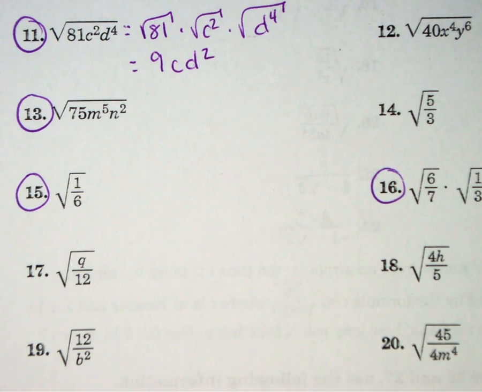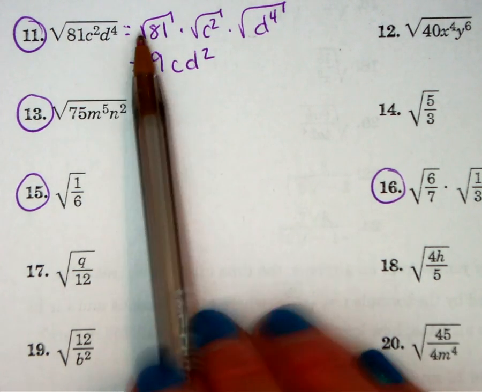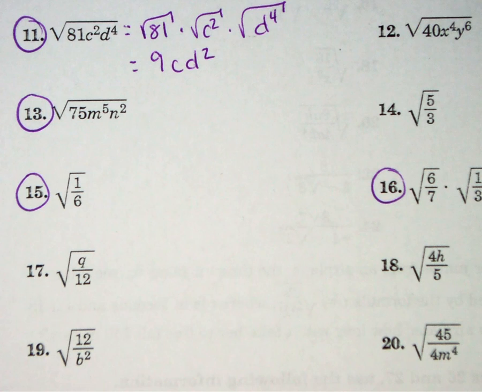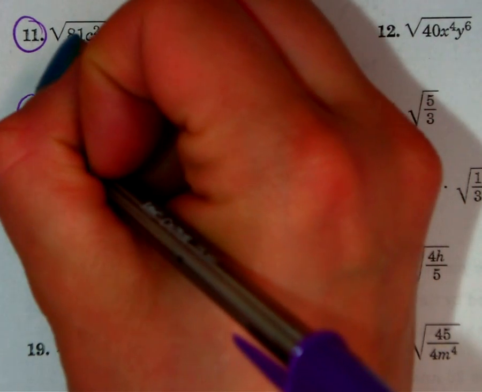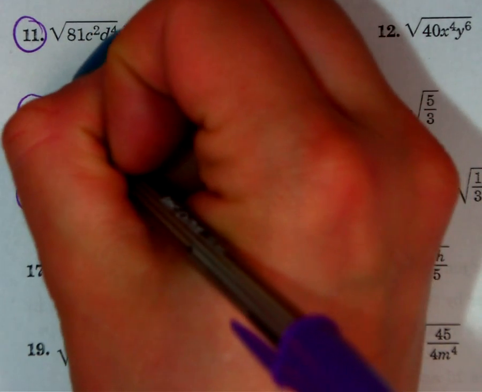So that's not too bad, but this was easy because my exponents were both even. I could divide the exponent in half. Now we need to look at number 13 to see what happens when I can't divide the exponent in half. What you want to do is find the biggest even number to pull out, and then the leftover is going to stay under the root. So 75 is going to break down into 25 times 3.